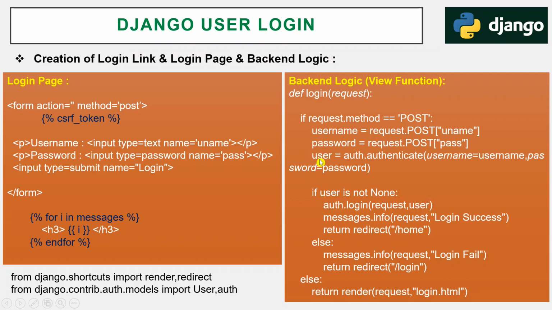So next we are checking whether the user is not None, that means whether the user exists or not. If the user exists, then not None becomes true. If it becomes true, then what we wrote here is auth.login. If the username and password matched and everything is successful, then auth.login.